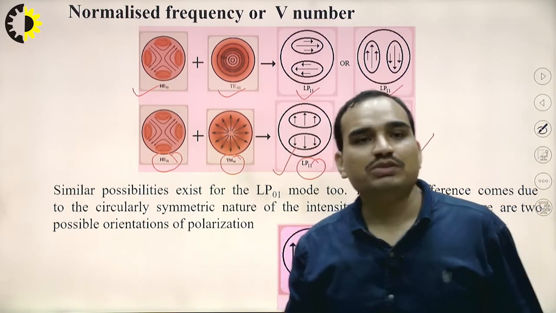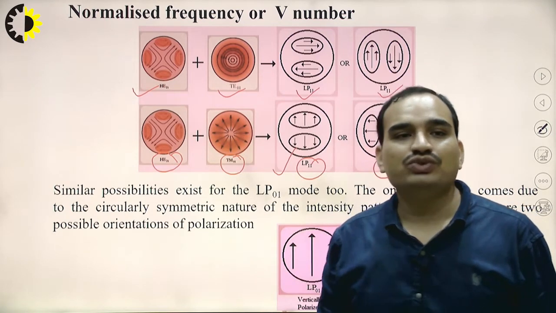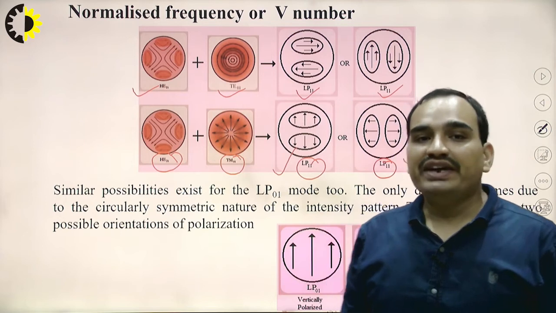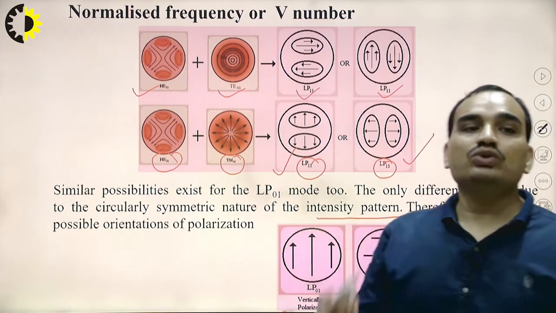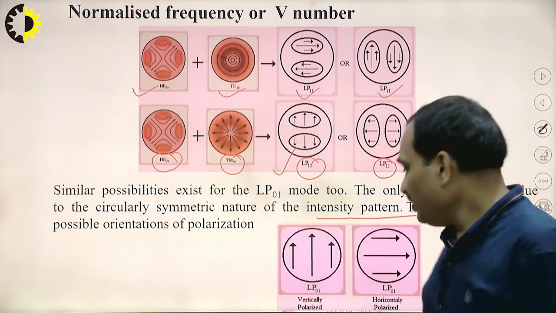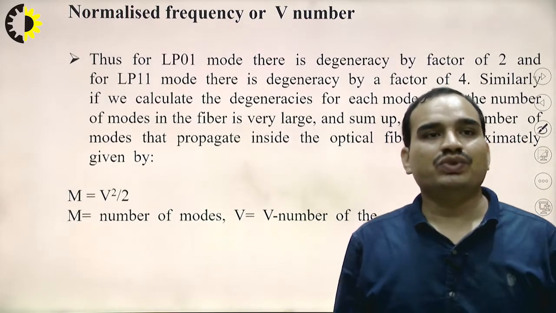Similar possibilities exist for LP01 mode too. The only difference comes due to the circular symmetric nature of the intensity pattern. So there are two possible orientations of the polarization, either vertical polarization or horizontal polarization.